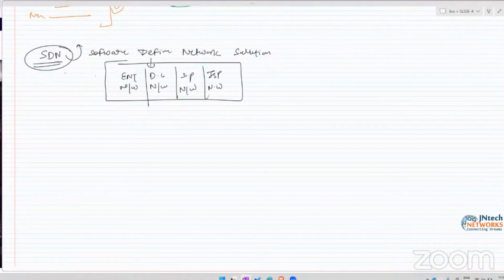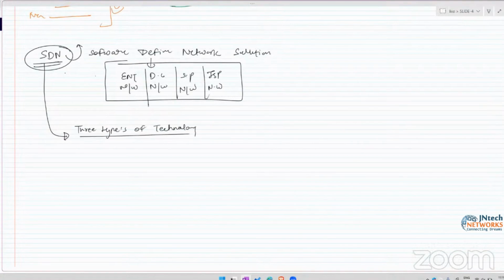Basically in SDN, we have three types of technologies. But before the technologies, be clear that SDN is provided by multiple vendors, but we discuss only one vendor: Cisco.